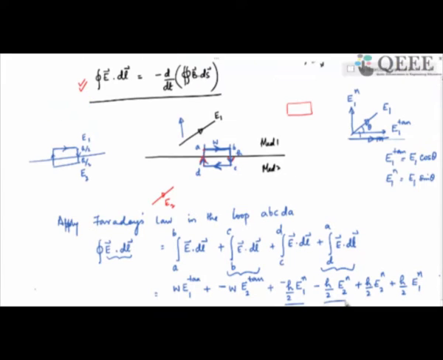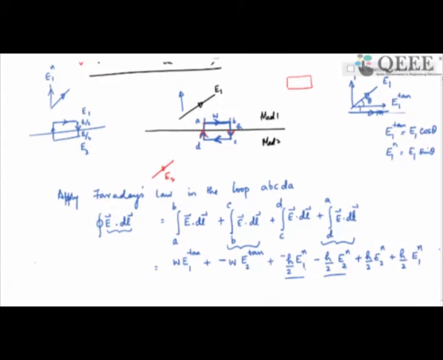I got this negative sign because my E1 is along the increasing direction, positive, northeast direction. So, the normal component of E1 is pointing up, whereas the loop is pointing down, which is why I had a minus h by 2. This became h by 2 because I divided them into two media. One medium is experiencing E1, the other medium is experiencing E2.